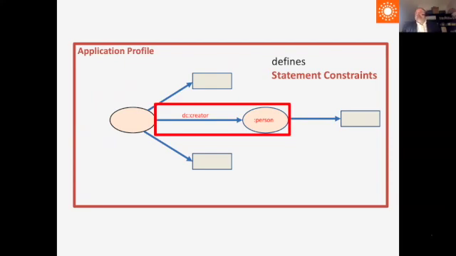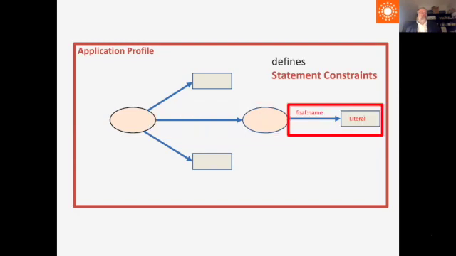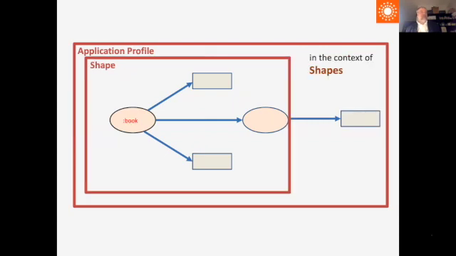So this gets back to the question that was asked just 10 minutes ago about the value shape person for a book. And here is a FOAF name, the value of which must be a literal. So this is all done in the context of shapes.